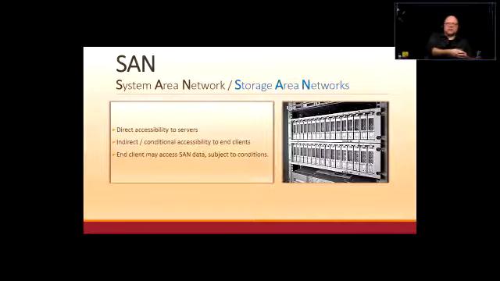But somebody from some other department, like shipping and receiving, won't have rights for the accounting data and so on. So that's what it means, indirect or conditional accessibility by the end clients. An end client might access or send data subject to conditions. The third line is basically the second line expanded a little bit, which I just explained.